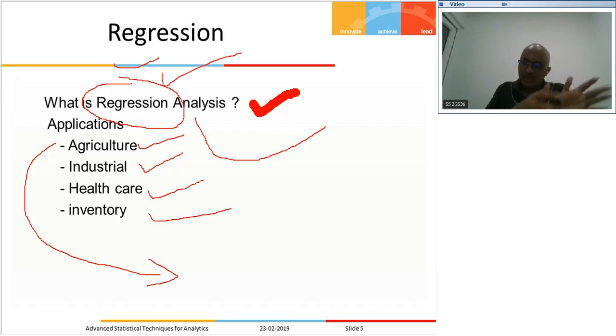I'll take one semester or two semesters of data, that is the number of classes attended and the scores, which may be grades or marks. Now I have two variables: one related to the number of classes attended, and the other the marks scored or grades. So now I want a tool to validate my assumption with the data that I have.